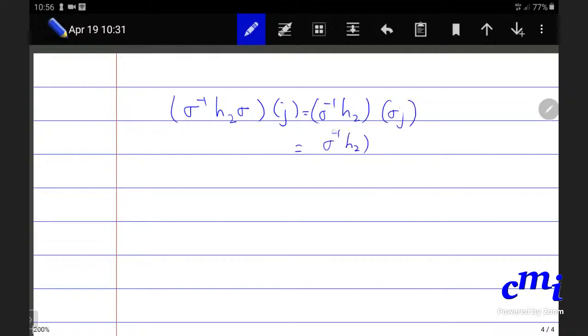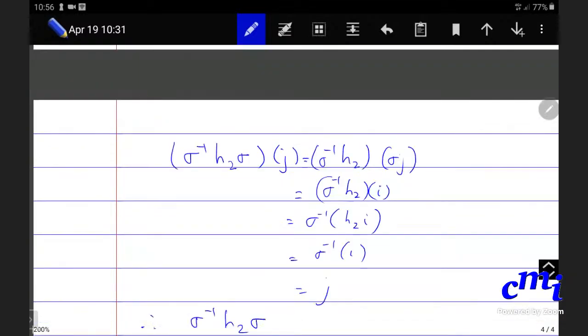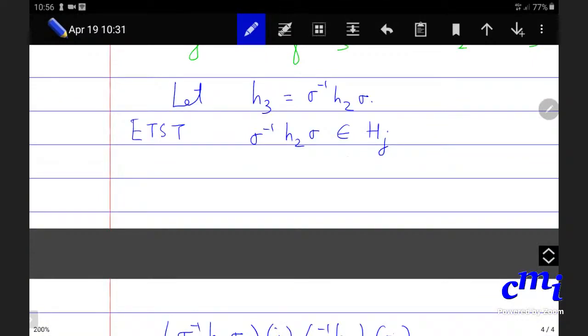Okay, so let us check that. Sigma inverse H2 sigma of J is sigma inverse H2 of sigma J, and sigma J is I. This is sigma inverse of H2 I, but H2 I is I, and sigma inverse of I is J. That's what we checked. So it's enough to check this.